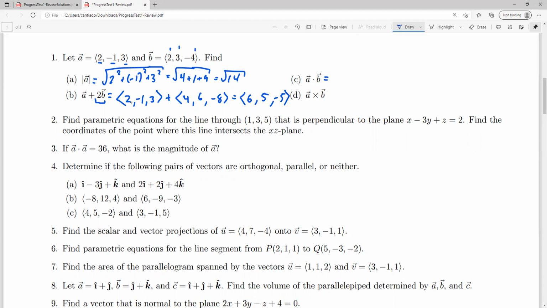So that is the x component of A, which is 2, times the x component of B, which is 2, plus the y component of A, which is negative 1, times the y component of B, which is 3, plus the z component of A, which is 3, times the z component of B, which is negative 4. Then you simplify. 2 times 2 is 4, negative 1 times 3 is negative 3, and 3 times negative 4 is negative 12. 4 minus 3 minus 12 is negative 11.